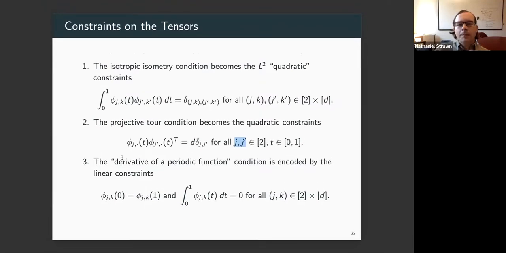And finally, being the derivative of a periodic function condition, that's going to be encoded by just linear constraints. Phi jk of 0 is equal to phi jk of 1. And then the integral of the different functions will all be 0. So that's sufficient to specify all the constraints that we want, all the aesthetic constraints.